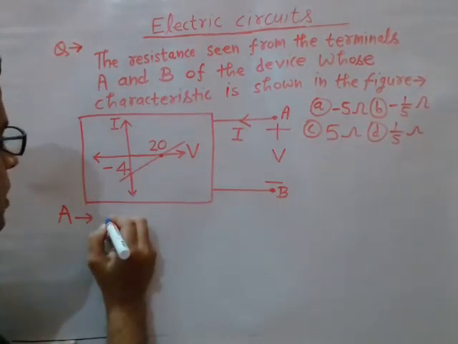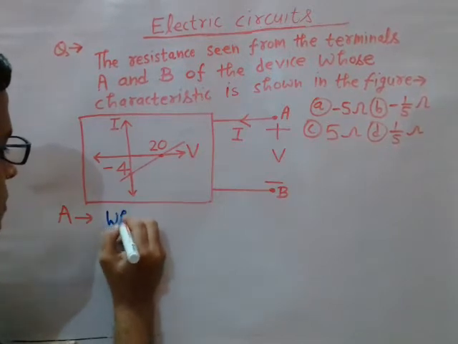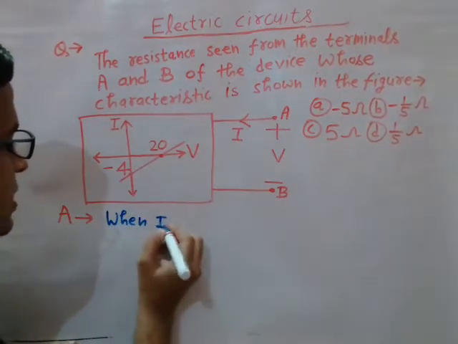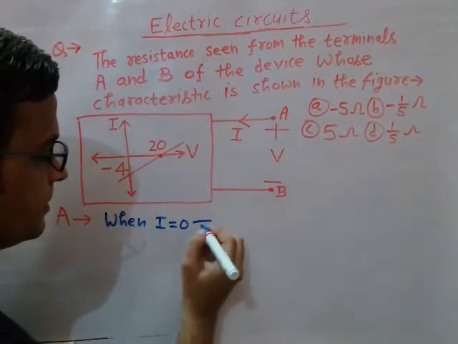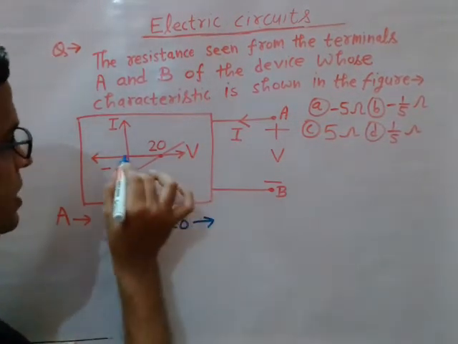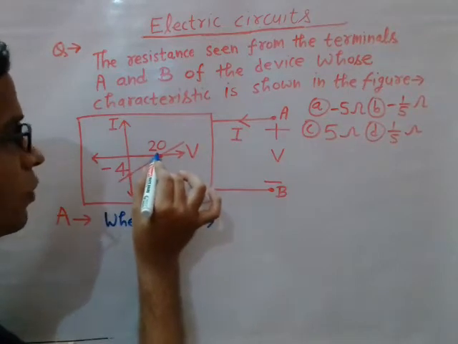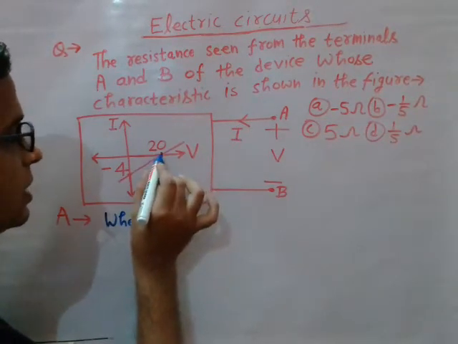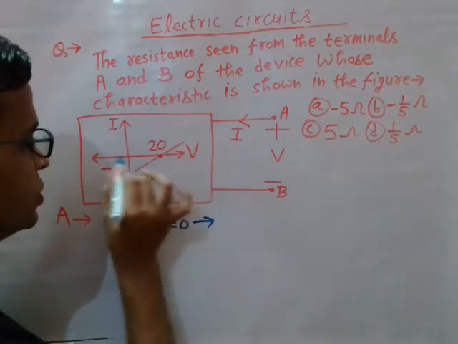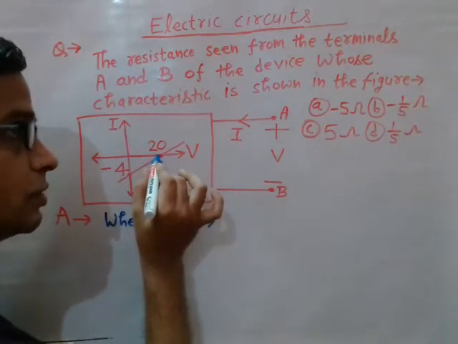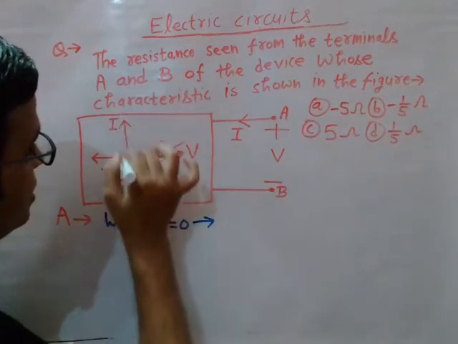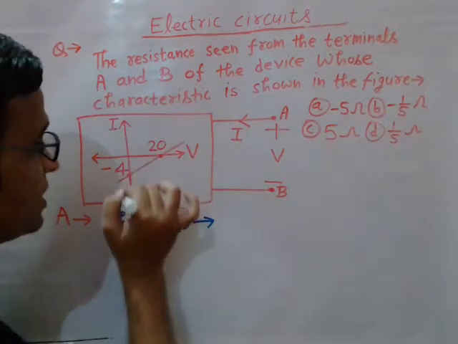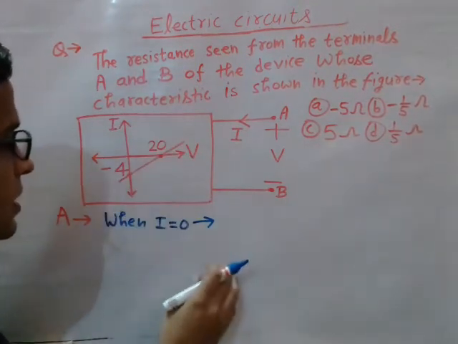Tell me, when current is zero, what is the value of voltage? 20 volts. See, on the horizontal axis, which is the voltage axis, your current is zero, right? And on the vertical axis, which is the current axis, the voltage is zero, right?